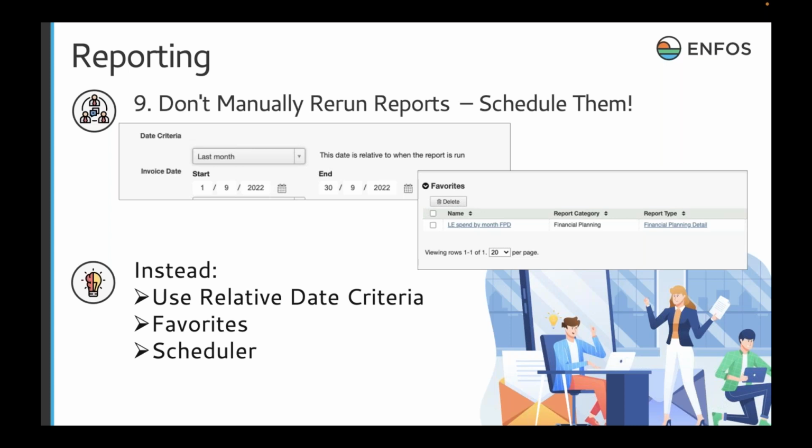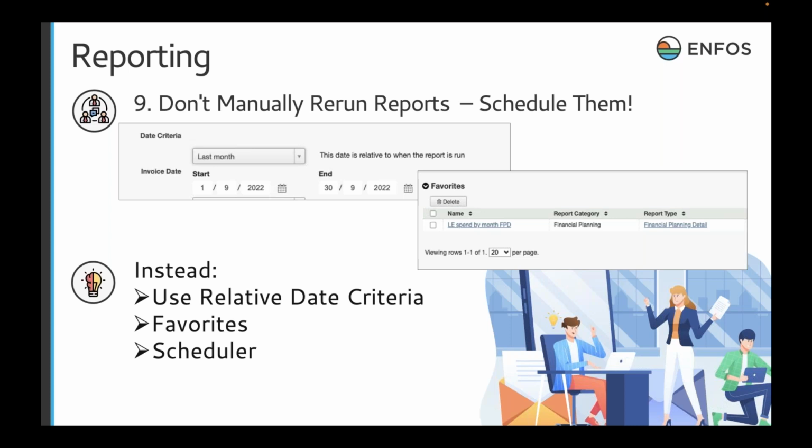This is a lot about duplicate work as well. Make ENFOS send you these reports and save yourself a few clicks. You don't have to log in and run a report that you like. Have ENFOS send it to you in your email and you've got it.